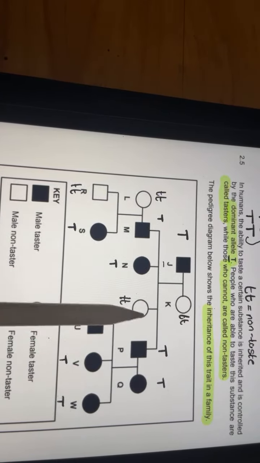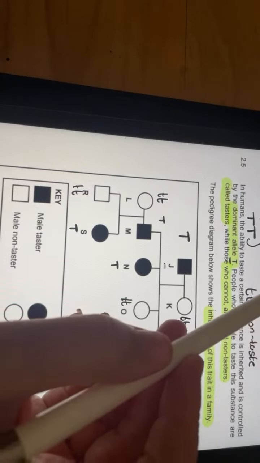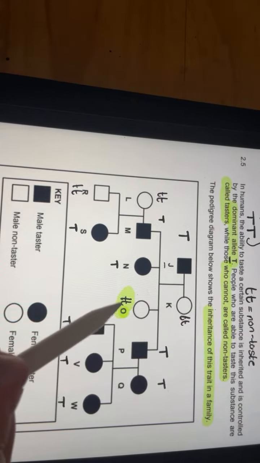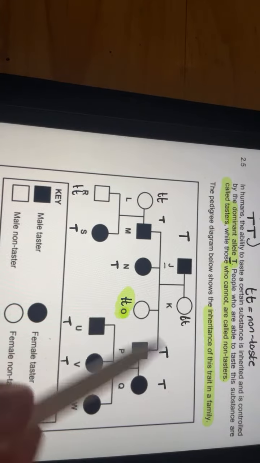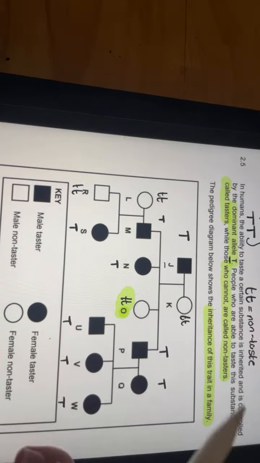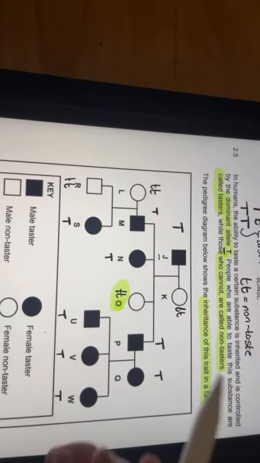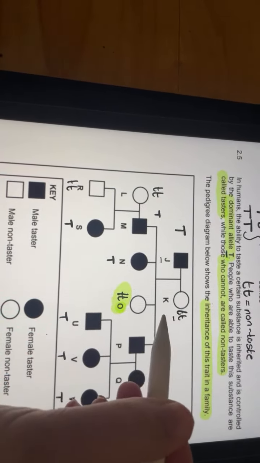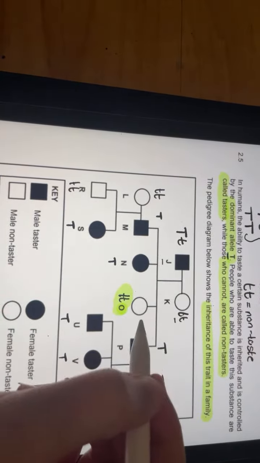Now, the fact that there is a child, child O over here, and there's a lowercase t here, the only way that is possible is if this child O received one lowercase from mom and one lowercase from dad in order to be formed.